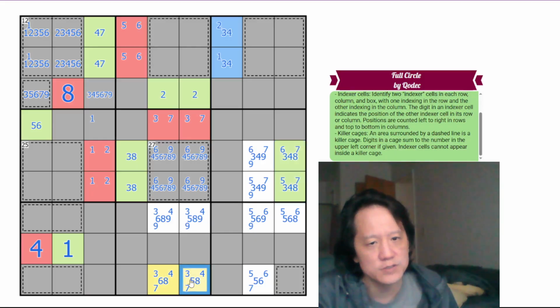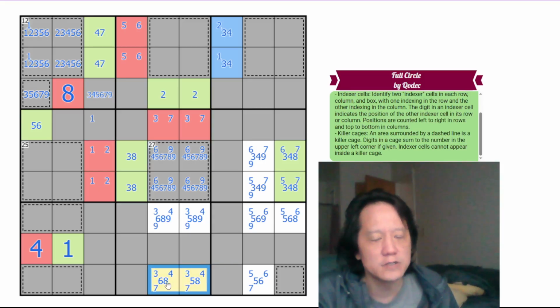So same with this. If this is indexing here, we know there's an indexer here. Say this was green.